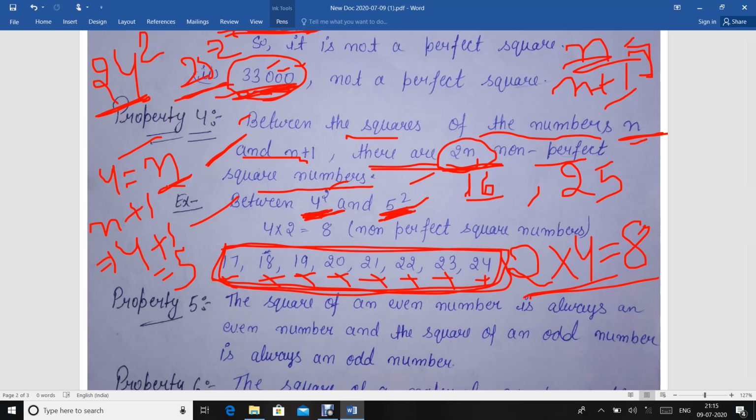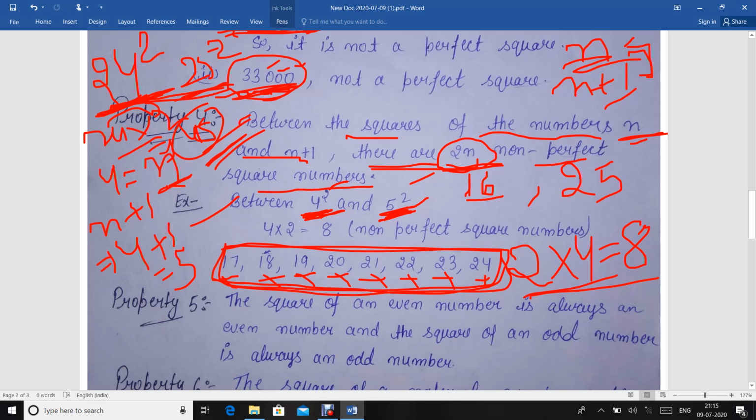For this you have a formula. You simply multiply 24 by 2, and 24 multiplied by 2 is 48. So you can say that 48 non-perfect square numbers are between 24 square and 25 square. So this property can be used for large data also.